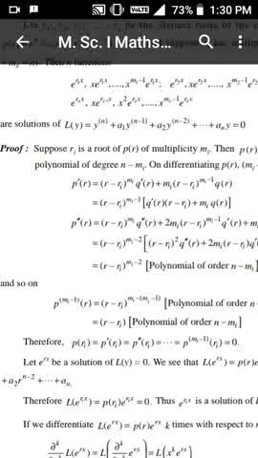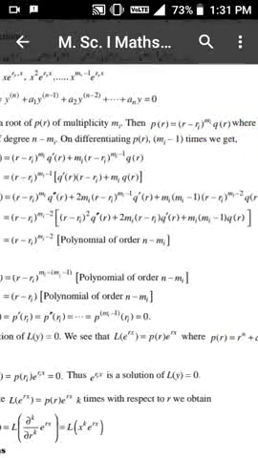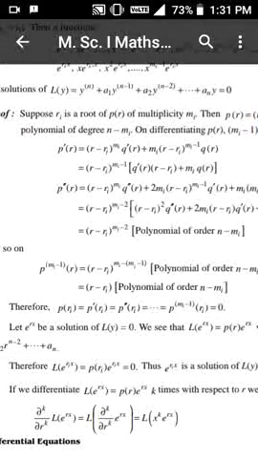Now see the proof. Suppose Ri is a root of P of R of multiplicity mi. Then P of R is equal to R minus Ri raised to mi times Q of R, where Q is a polynomial of degree n minus mi.